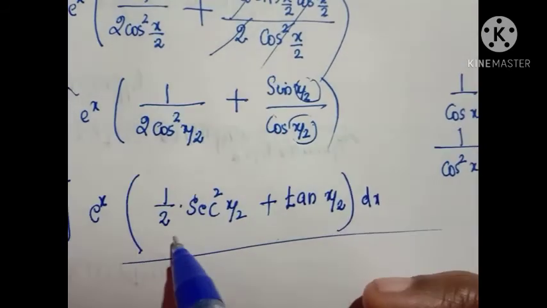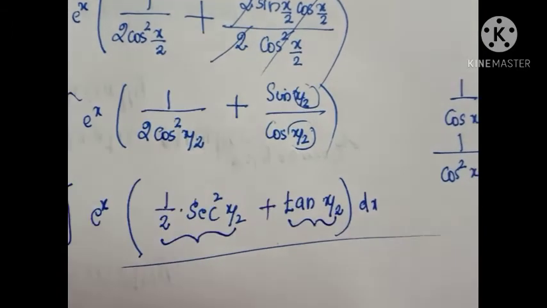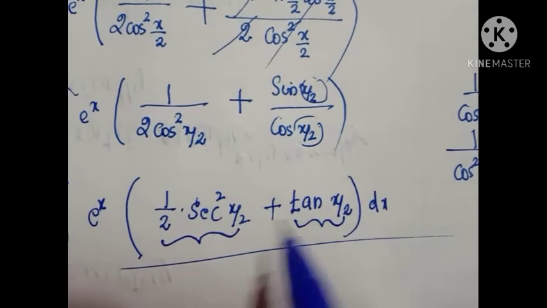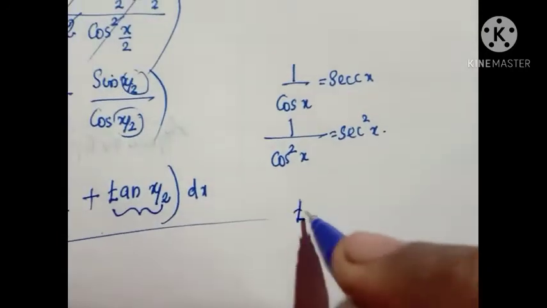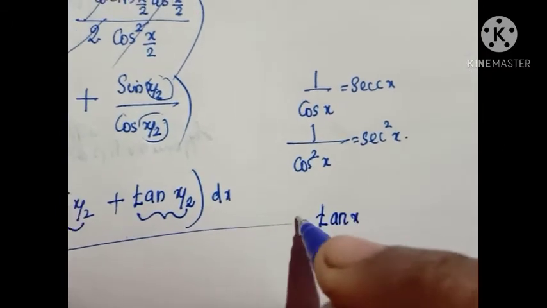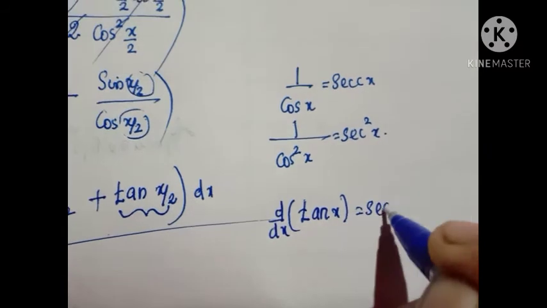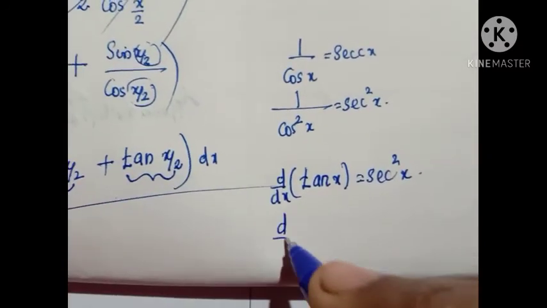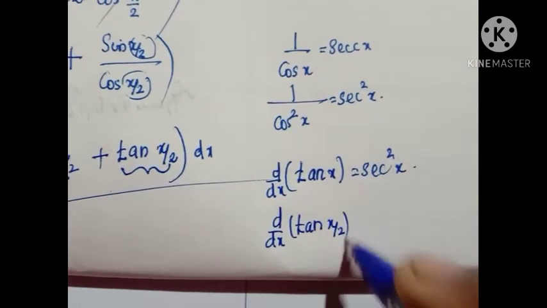Okay. Now see 1 by 2 sec square x by 2 and tan x by 2. Can you say any relation between these two, tan and sec square? Yes. What is the derivative of tan x? Derivative of tan x is sec square x. Okay. So what is derivative of tan x by 2?